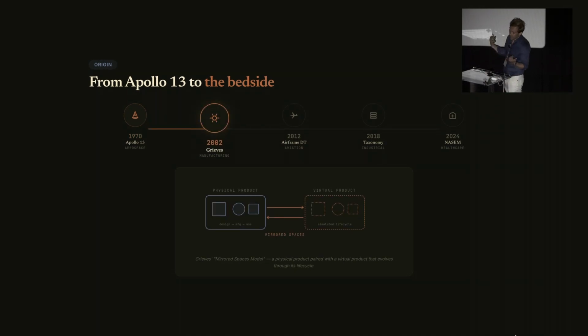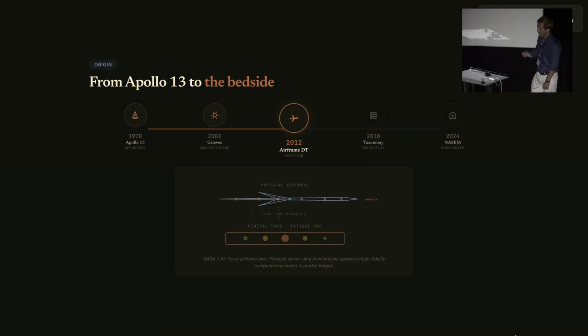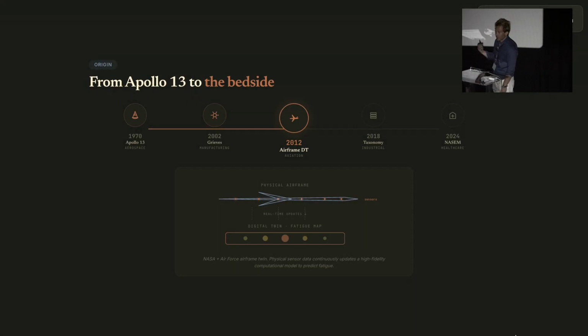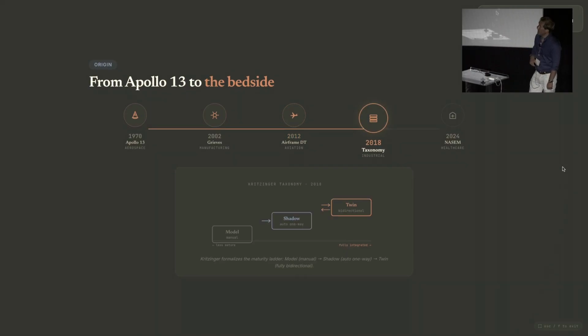The concept of it moving into a digital space happened in 2002 with a lot of management aspects of things. The aviation industry has moved into this space around 2012. They started looking at this from the plane infrastructure and how much strain was ongoing within the plane infrastructure and how they can model that within a system. And then in 2018, there were some taxonomies and definitional changes.